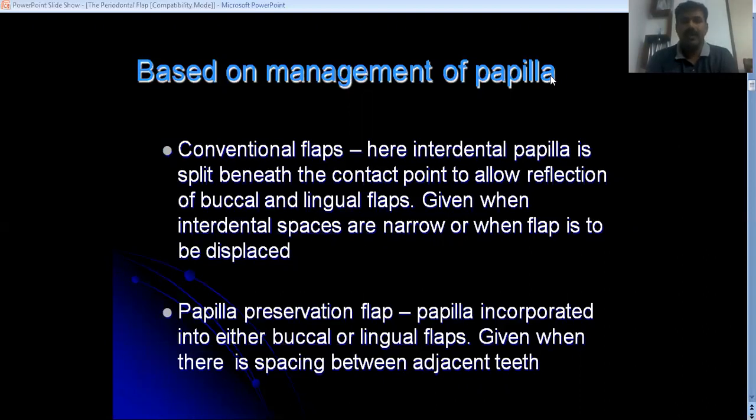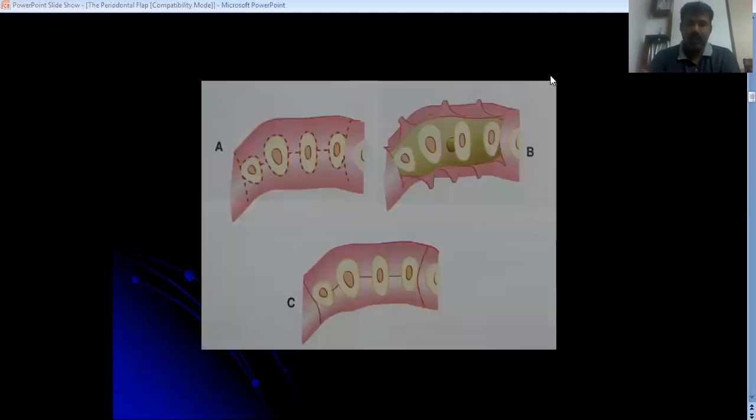That is called a papilla preservation flap. Now we'll just look into what this flap is. Now in a normal conventional flap, this is what we do.